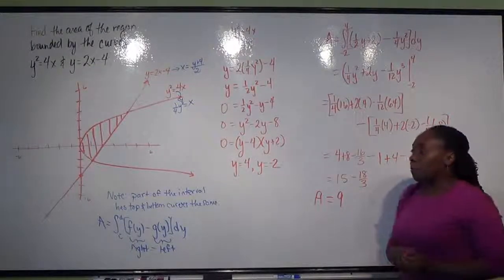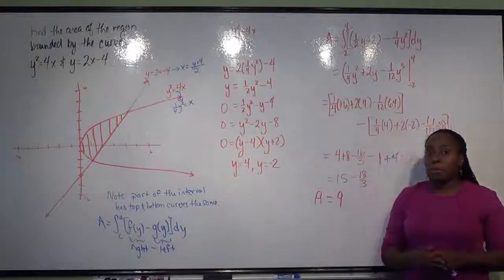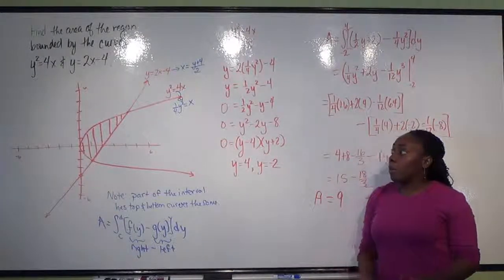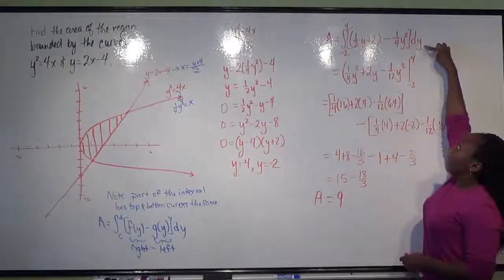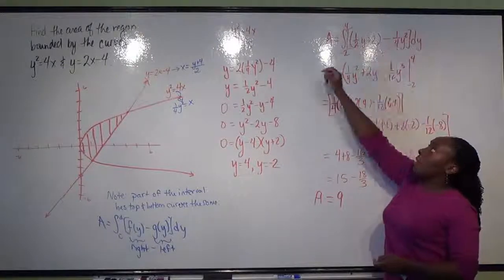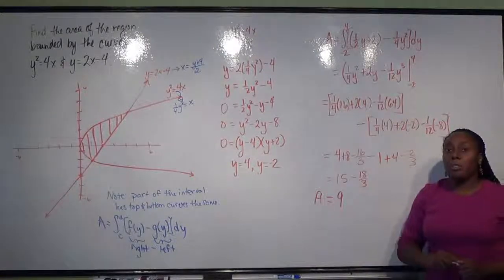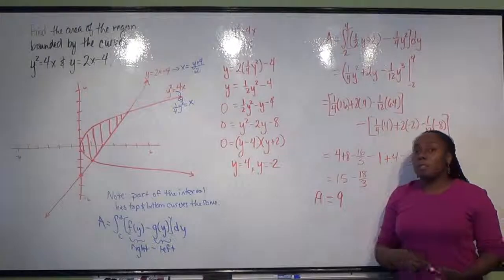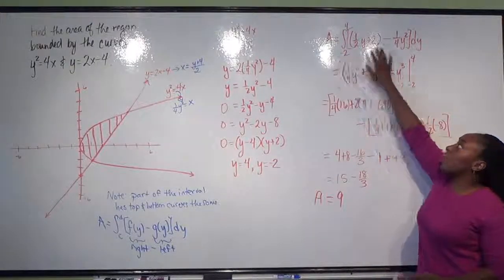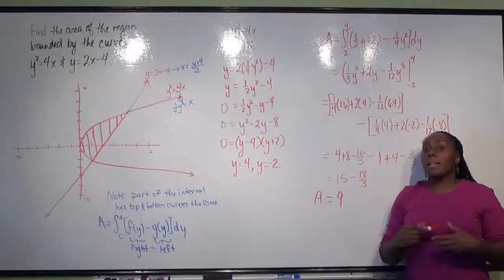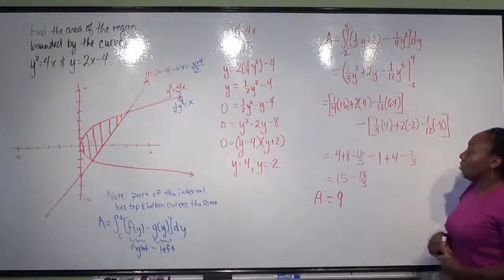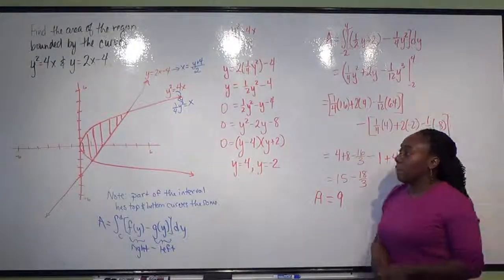One thing to keep in mind for all of these area problems, your notation is very important. On homework and on exams, if you leave off the integration variable, meaning dy or dx, or you leave off your limits, you will be marked off. Those things are very important in setting up your integral, because once I change the limits or I change the integration variable, it changes my problem. Okay, so make sure you have your correct notation on these when you go to work out your area formulas.